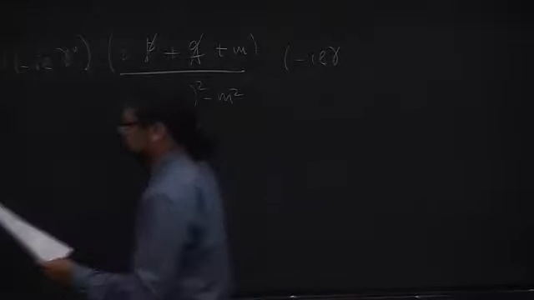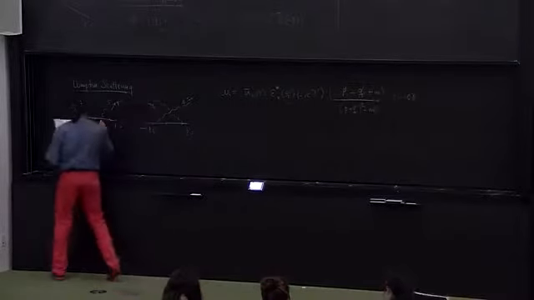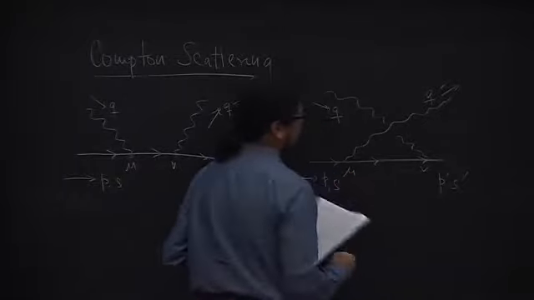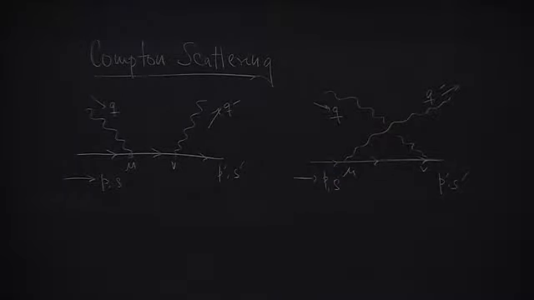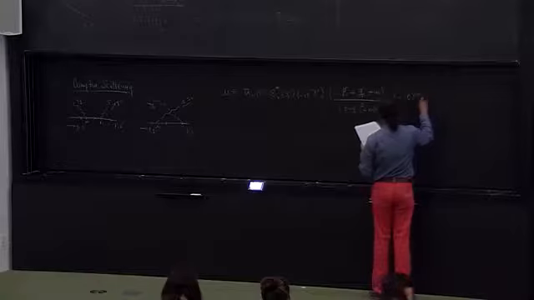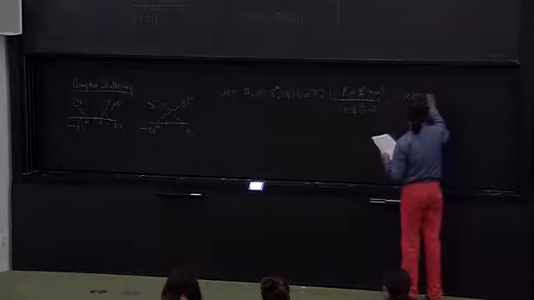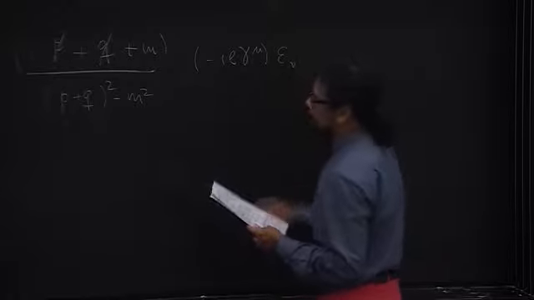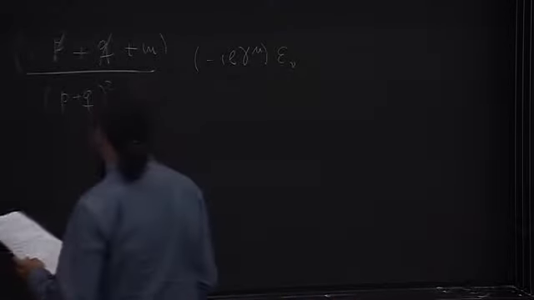There should be a nu here, and there should be a mu here, a mu here, and a mu here. So I should have a mu, and then the incoming photon has polarization epsilon nu, epsilon mu.